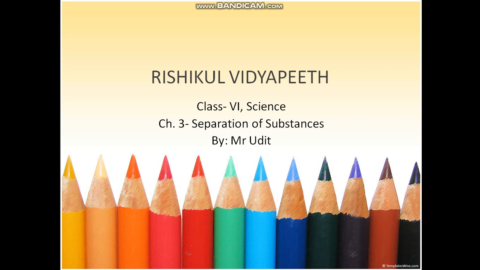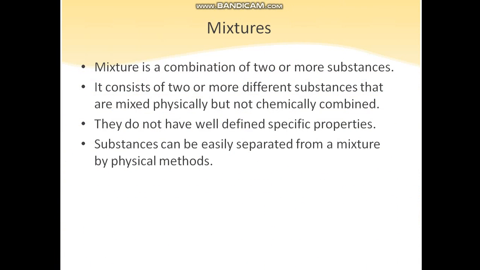So first of all, the substances occur in two major forms, that is pure and mixture. Then the question arises, what is a mixture? Mixture is a combination of two or more substances which are physically mixed but not chemically combined.